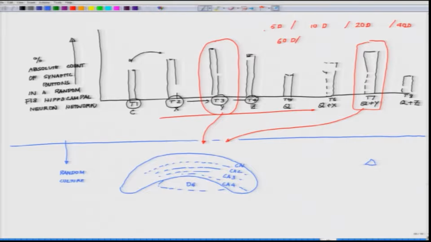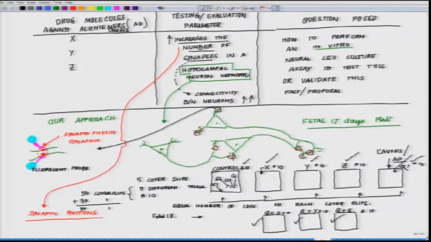Okay. It is a very unique systematic pathway. So, when we talk about a random scenario, what I showed you in the previous slide, if you look at it, it is a very random network.